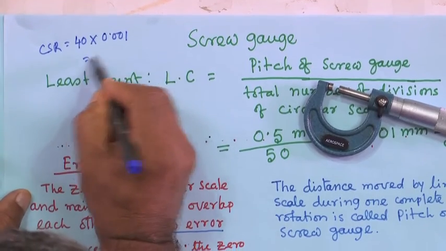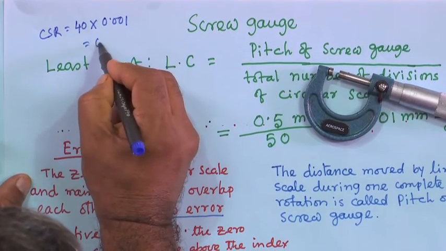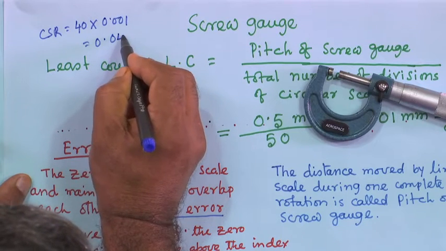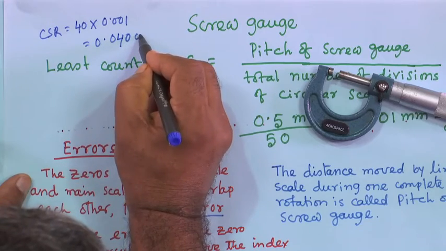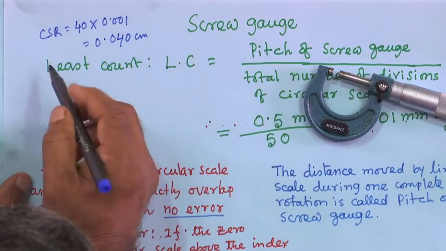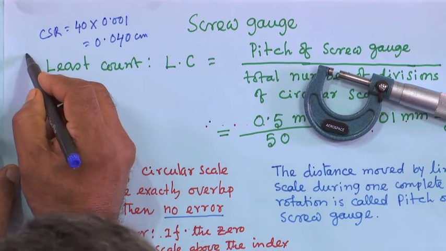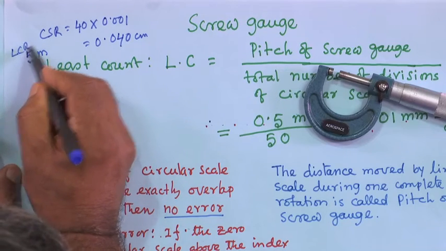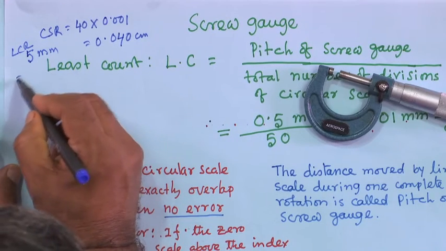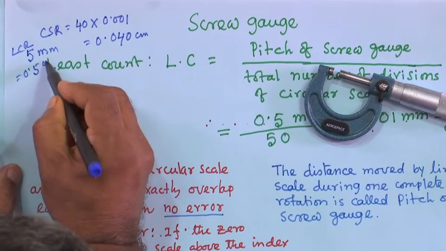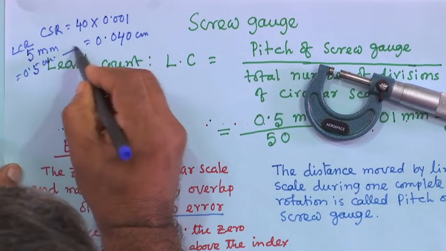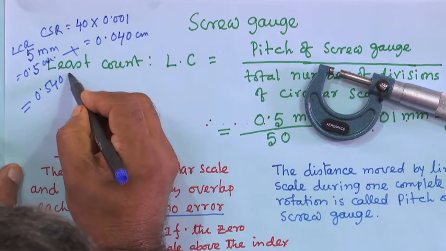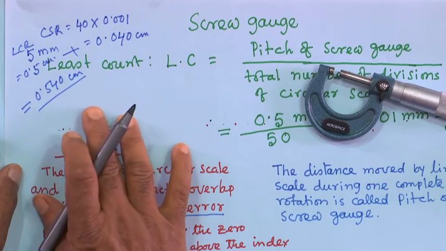That will give you 0.040 centimeter. Okay. And your main scale reading was 5 millimeter, sorry. So, the linear scale reading was 5 millimeter, which means 0.5 centimeter. Okay. Now, this plus this, these two will give you 0.540 centimeter. Okay. So, this will be the reading.